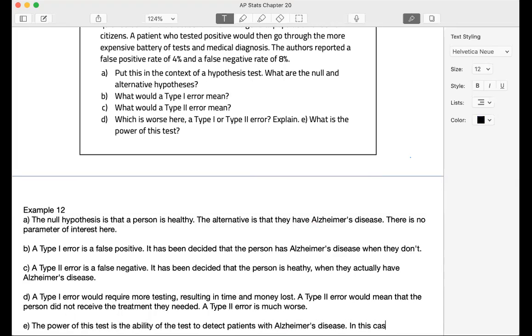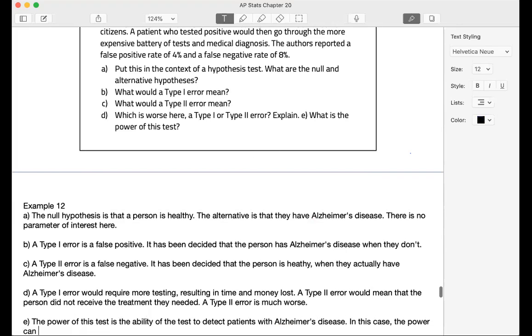In this case, the power can be computed as 1 minus the probability of a type 2 error, which equals 1 minus 0.08, which equals 0.92.